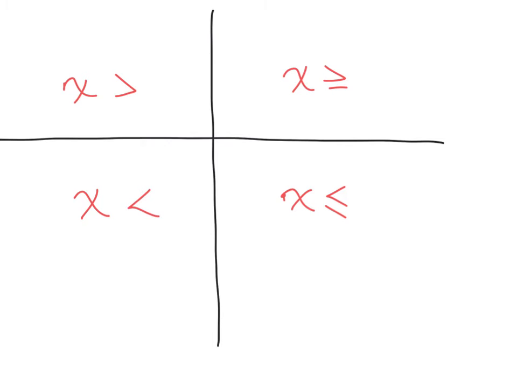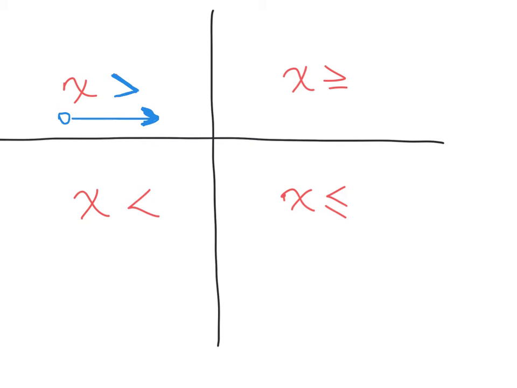So just as a reminder, how we draw these: when we say X is greater than, on our number line we would draw an open circle with an arrow to the right. Now here's a little thing to think about. The arrow, the greater than symbol, is the same as the way the end of the number line is pointing.